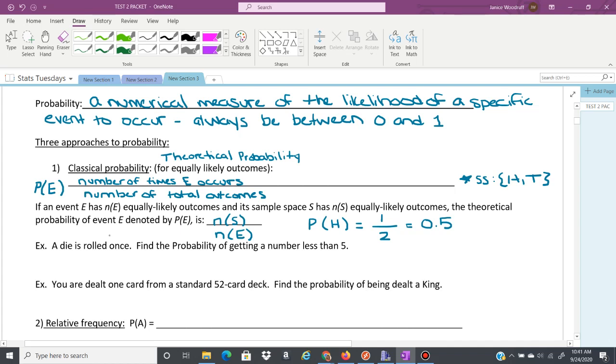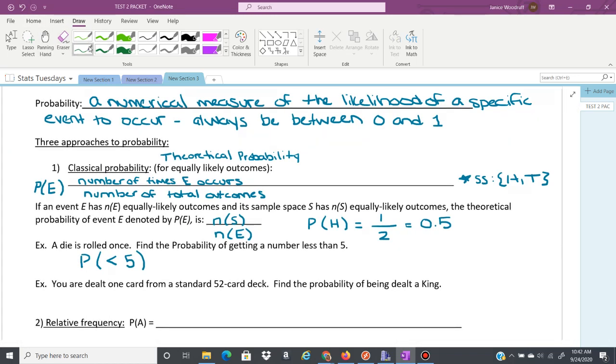For example, a die is rolled once. Find the probability of getting a number less than 5. The way we're going to write this is P, and then your event, that you get a number less than 5. Well, let's look at the sample space. How many sides are there on a die? 6.